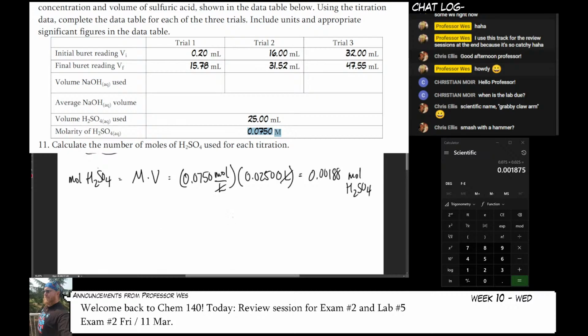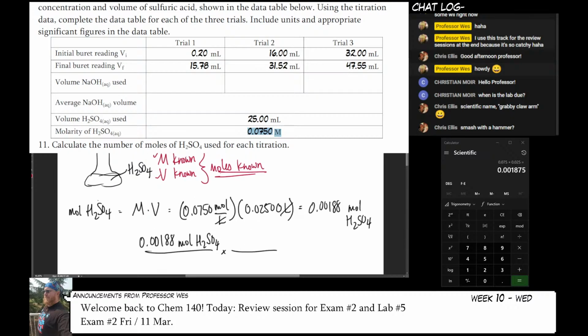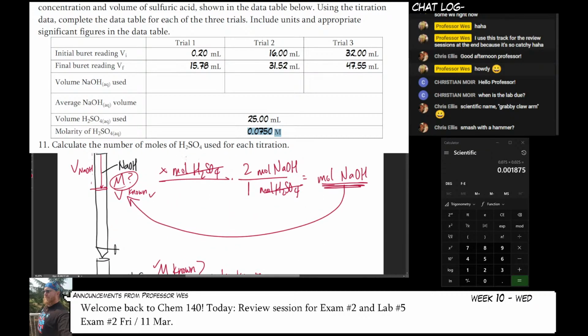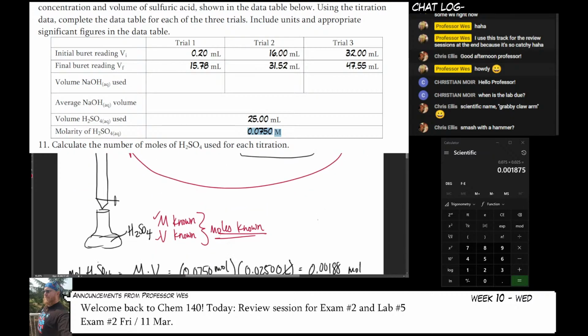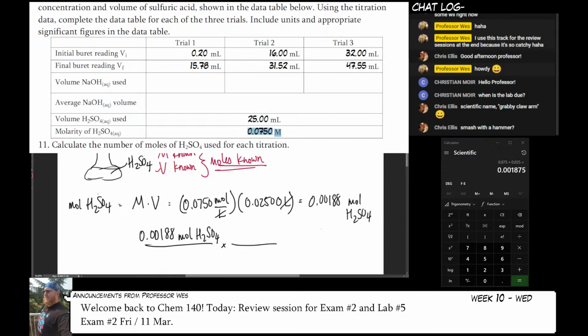All right. Then, once we know the number of moles of sulfuric acid here, I can do stoichiometry, because remember the balanced chemical equation we wrote up here: for every 1 mole of sulfuric acid, we would also react 2 moles of sodium hydroxide. So let's do that down here.